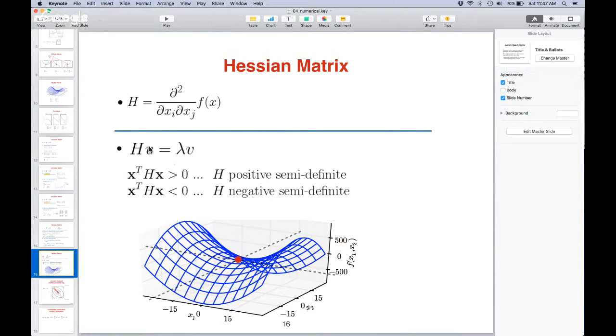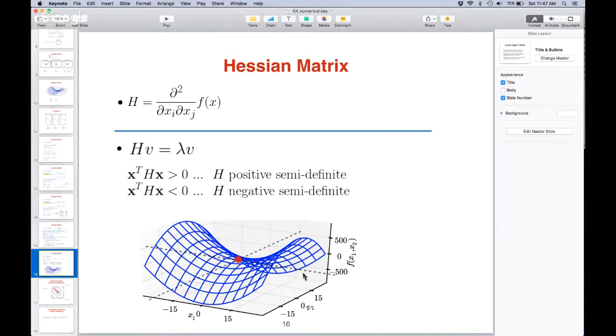So the Hessian matrix gives you very valuable information about the loss function, and the Hessian matrix is by definition a symmetric matrix, and the eigenvalues and eigenvectors of the Hessian matrix will give you the maximum curvature at a given point x0.